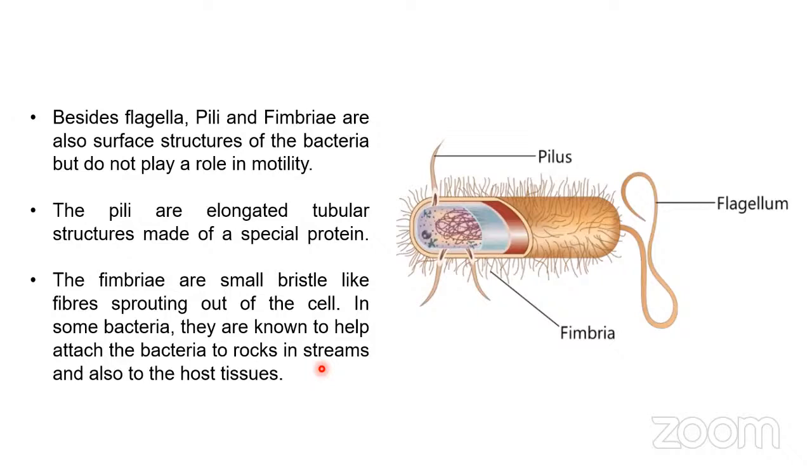Maybe later we will see what conjugation is. Through conjugation, pili help in the attachment of two bacteria, and DNA gets transferred from one bacterium to another. There are certain ways by which this DNA gets transferred, and one of them is conjugation, in which pili play an important role.